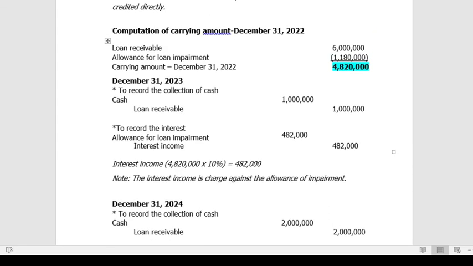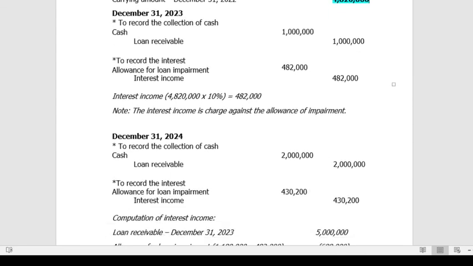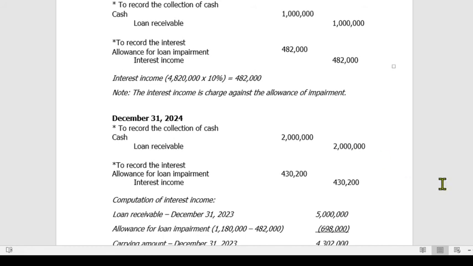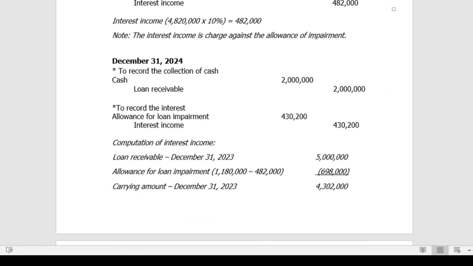Okay. Next, on December 31, 2024, cash, loan receivable, 2 million. Let us compute the carrying amount of the loan as of the end of December 31, 2023.